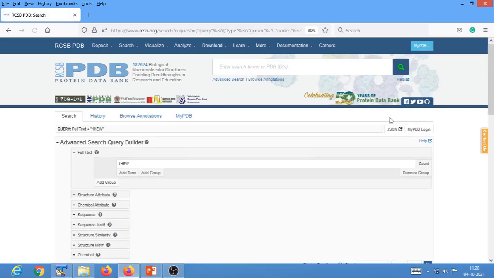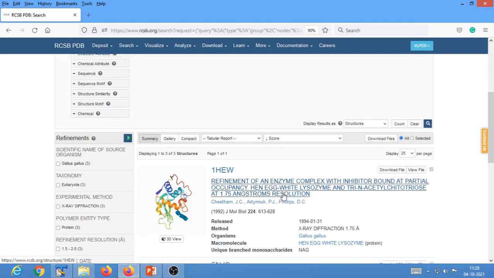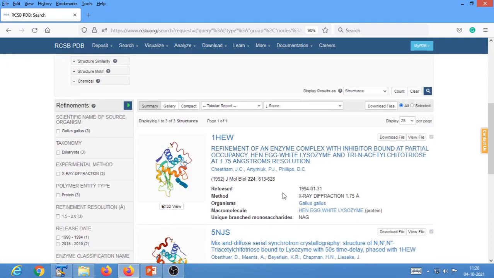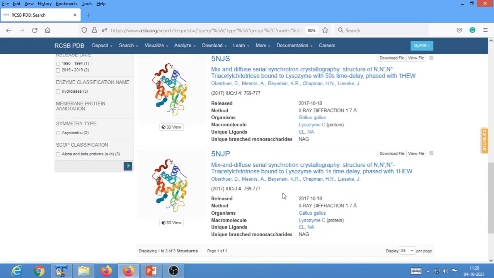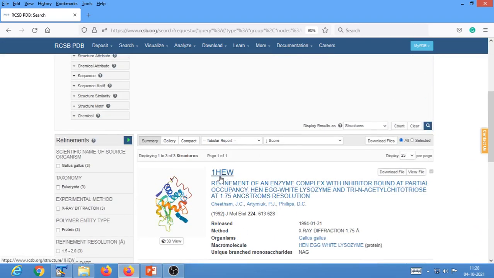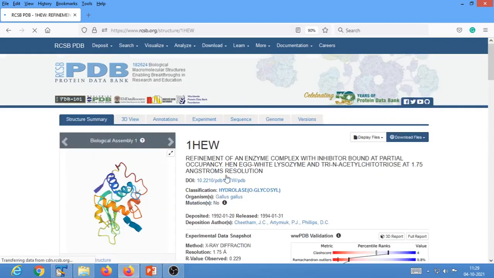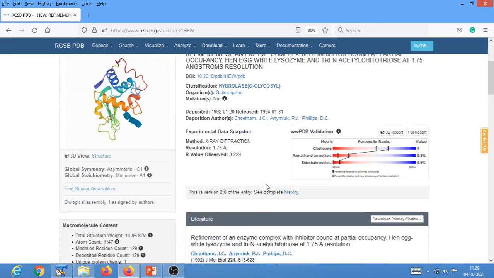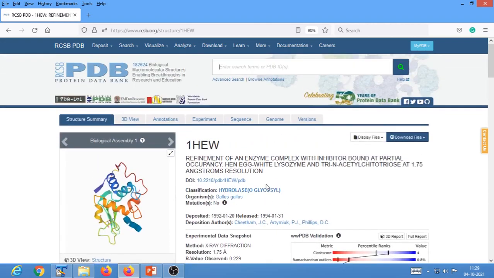So 1HEW is the identifier of the protein molecule that we wish to work with. You can search using that unique identifier, and once you search, you would get some hits over here. This is what we are interested in. Click on this 1HEW, and you would be taken to a separate page for that particular model.